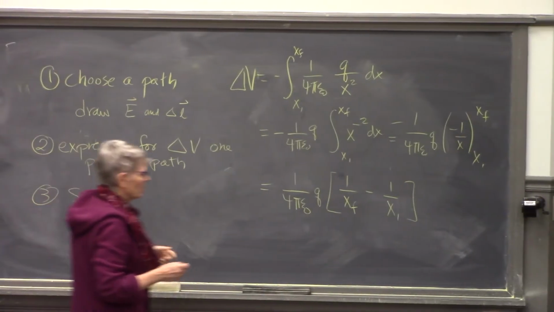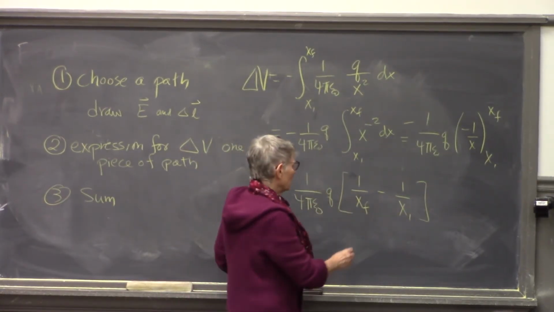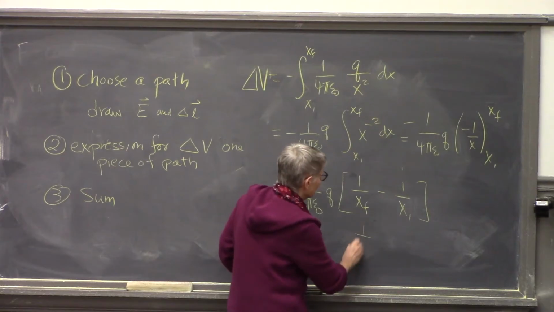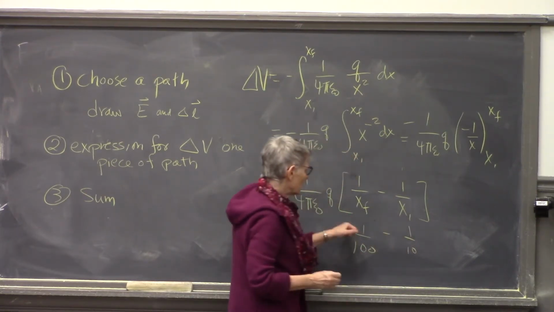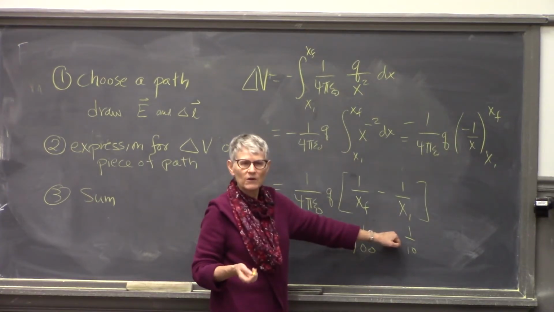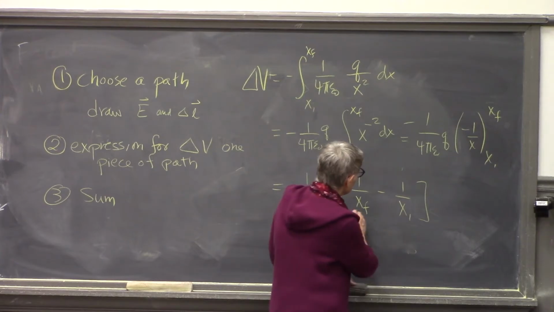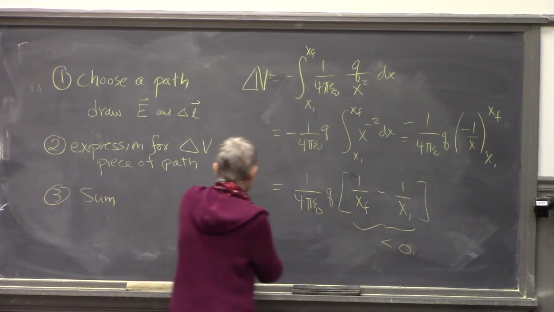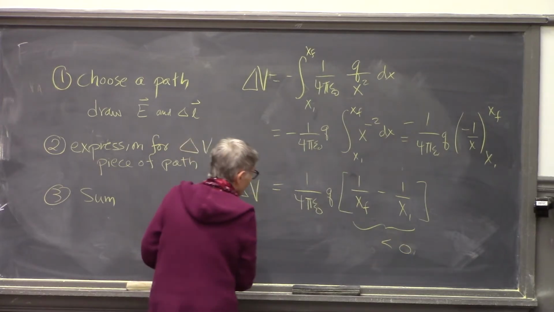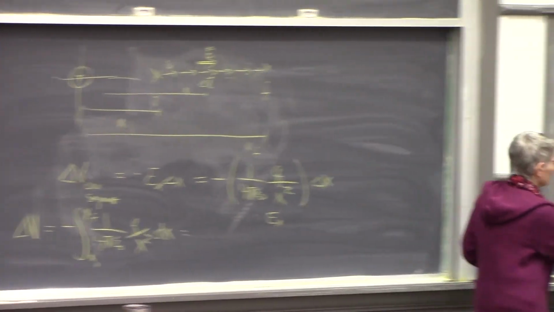It actually is negative, because if x final is 100 and x initial is 10, we've got a small number minus a big number here, so this whole thing comes out to be negative. So, of course, what's step 4 going to be here?